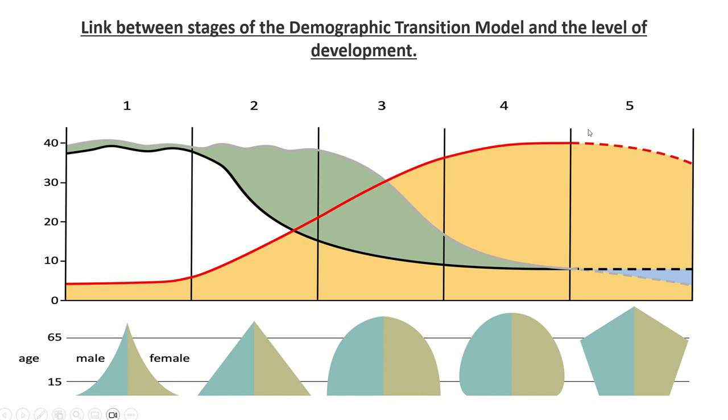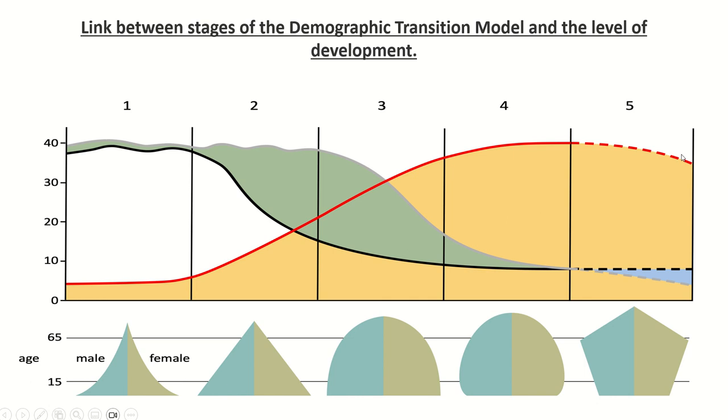The final stages are our HICs, stage 4 and 5. And now, in some places, the birth rate is actually dropping below the death rate. Places like Japan, which could lead, in theory, to a falling population in the long term.